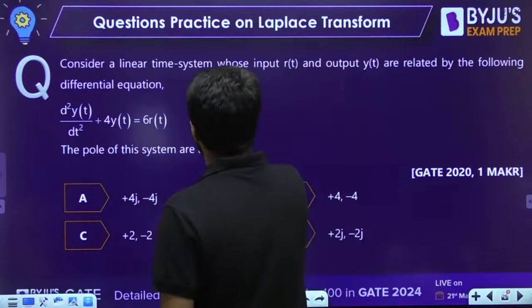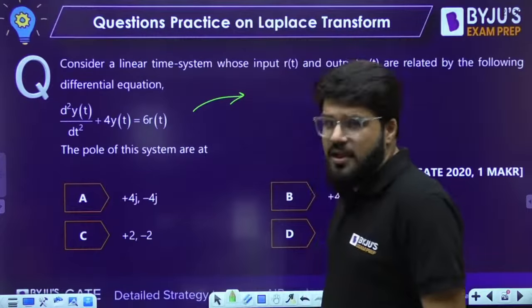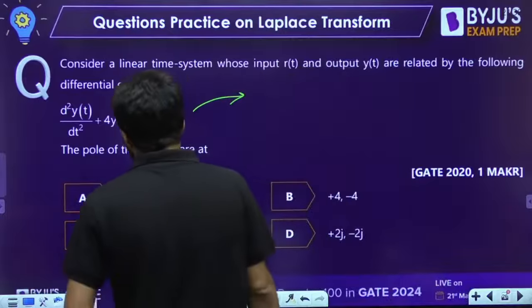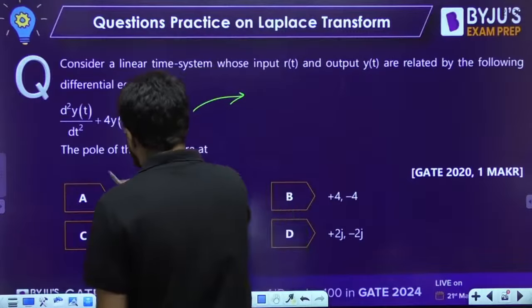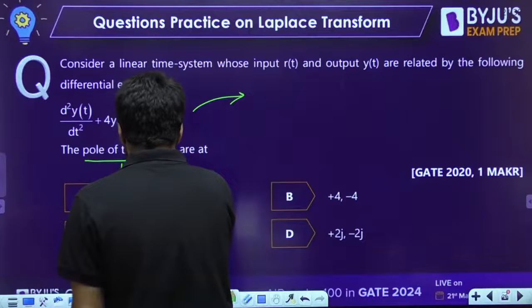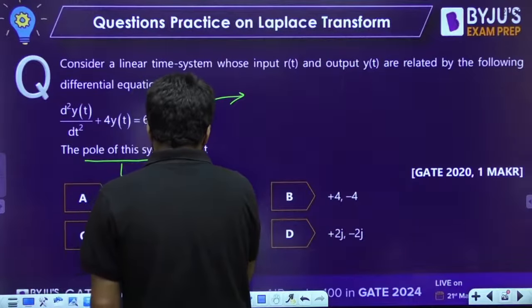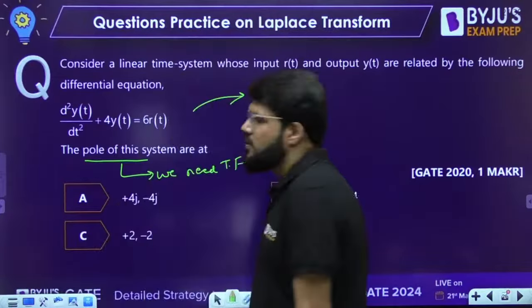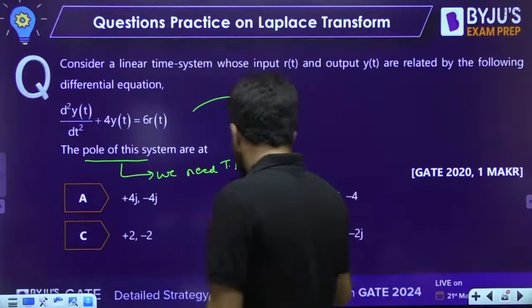So what I can do is just take the Laplace transform. First we calculate the transfer function, because for poles we need the transfer function.